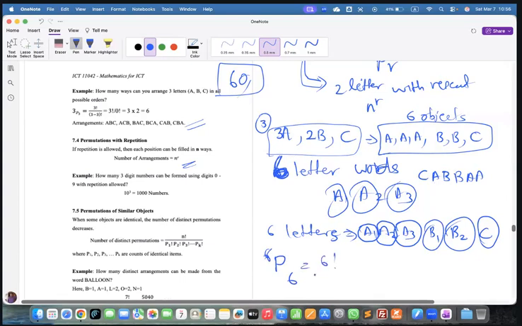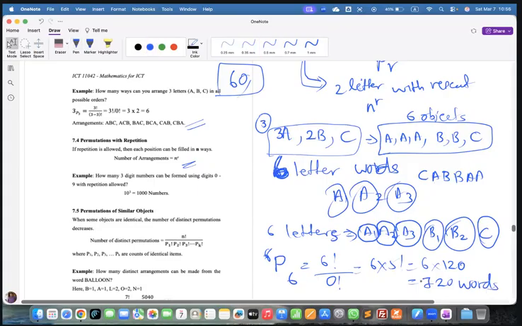So 6 factorial over (6 minus 6) factorial. 6 factorial means 6 into 5 factorial. 5 factorial is 120. So 6 into 120 means how many? 720 words, 6-letter words we are making, right?